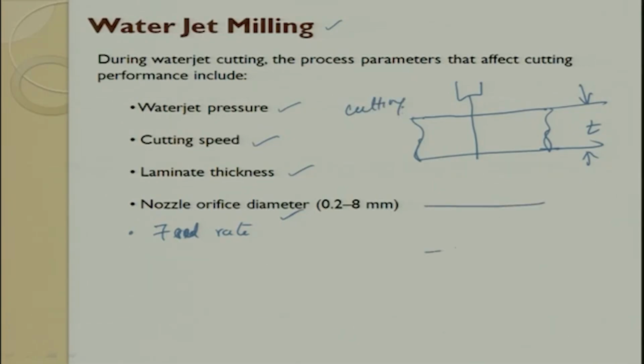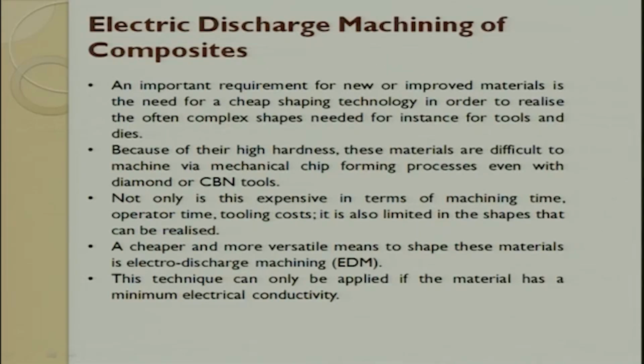When you have the same thing, and this is your T, what you have done is you have increased the feed rate and you do not give enough time to make a through cut. So, these are called water jet milling. So, the feed rate is one parameter which is very important.